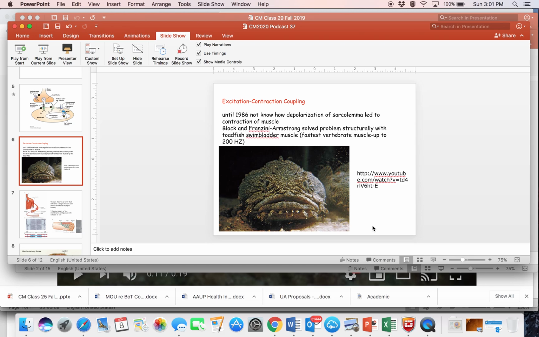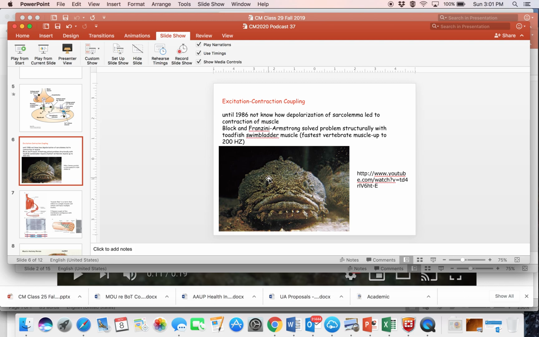There's usually a story about the bays being haunted because they hear these toadfish, excuse me, but they aren't ghost toadfish. They're just toadfish looking for love. So this muscle that surrounds their swim bladder contracts very, very fast.